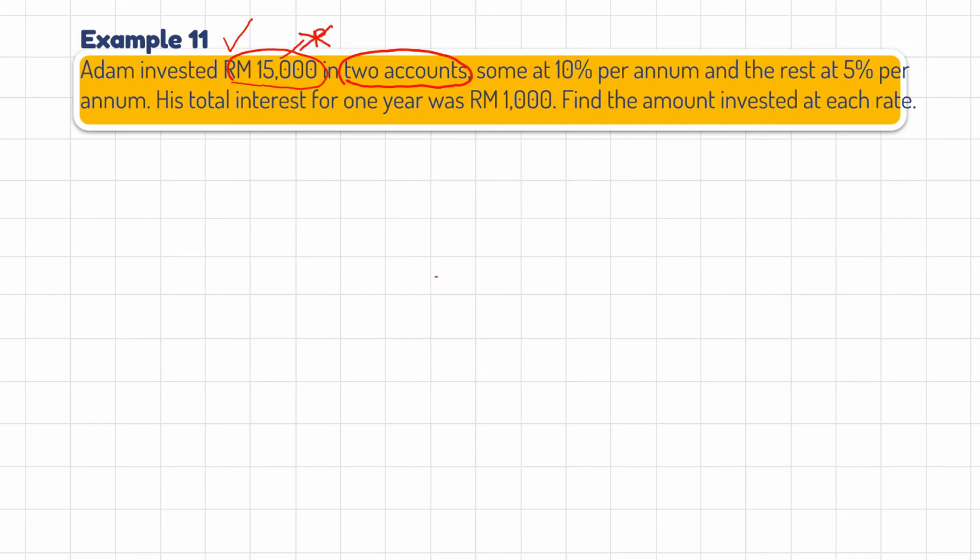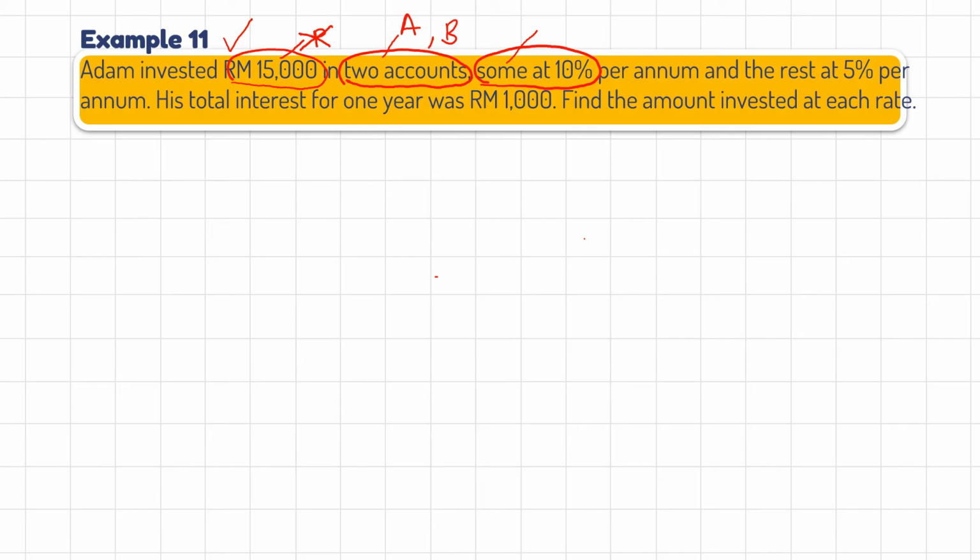Because Adam invested 15,000 into account, it is not just one account, but two accounts. The next information that we have is sum at 10%. So we just assume two accounts will be account A and B. Sum at 10% means that there will be some amount of money at 10% per annum.